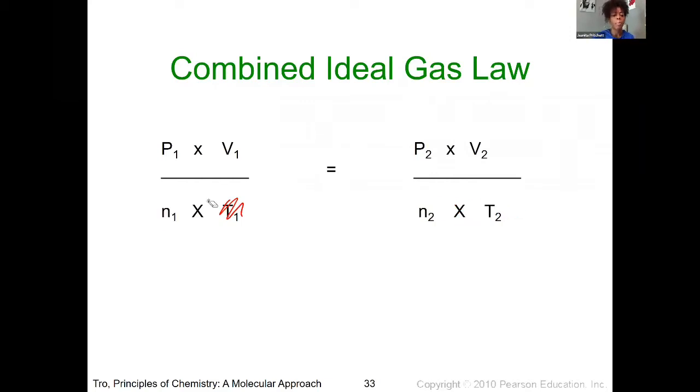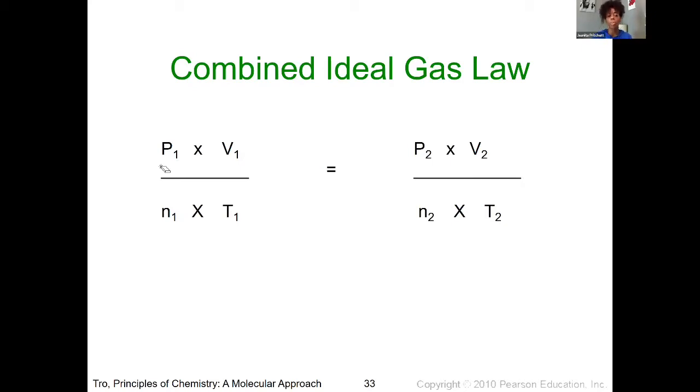If pressure and the moles are held constant, that would give us V1 over T1 equals V2 over T2, or Charles' law. And if pressure and temperature are held constant, drop them away, that gives you your Avogadro's law. And one law that I didn't do a video on, but that does exist, is Gay-Lussac's law. Gay-Lussac's law is looking at the relationship between pressure and temperature.